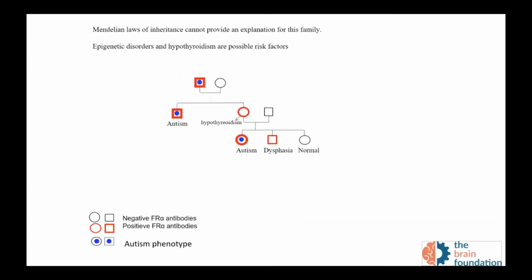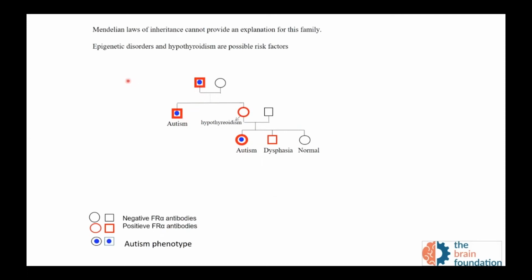So here you see the family tree of a family where the grandfather and his son had autism, as well as the granddaughter. In blue, they're all autistic, but the mother is not autistic, but she has antibodies, as well as her daughter and her brother and her father.